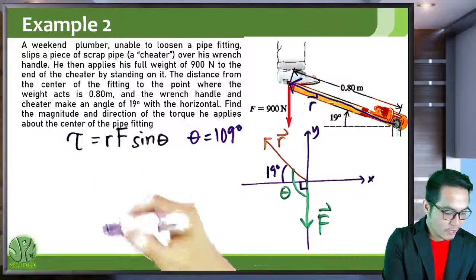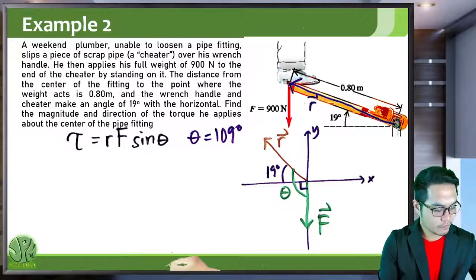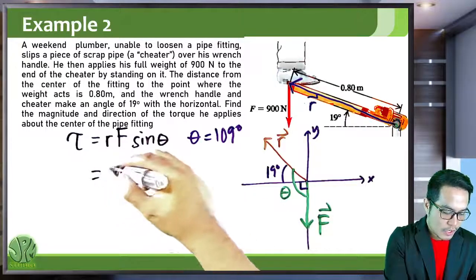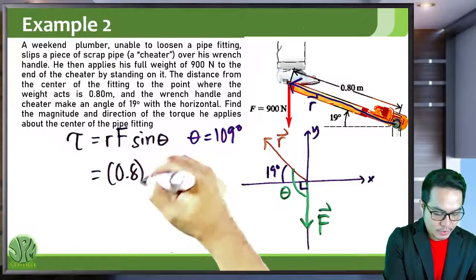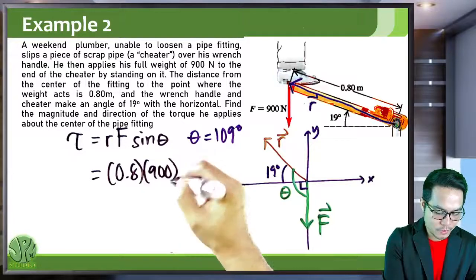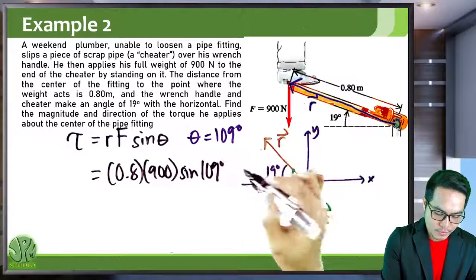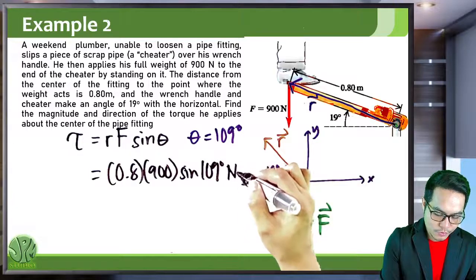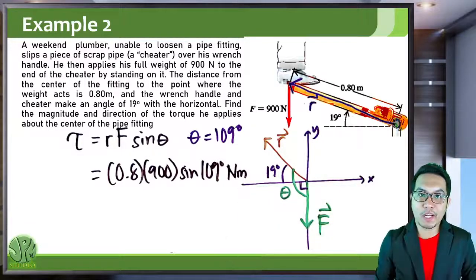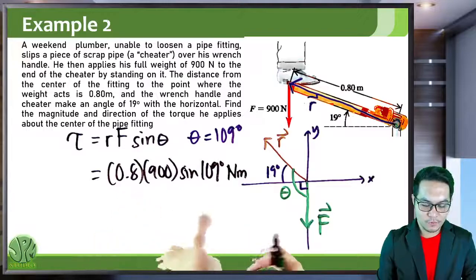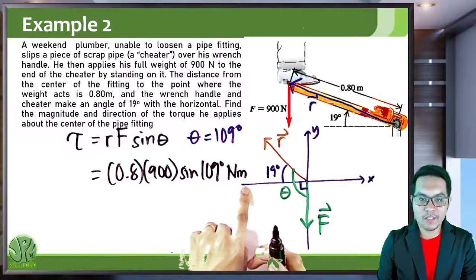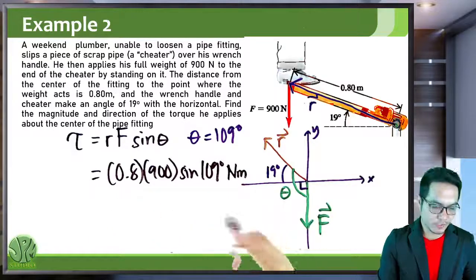And using those values, R is 0.8, the force is 900 newtons, sine of 109 degrees. The final unit is newton meter. There's no special unit for torque, it's just force times distance, newton meter.